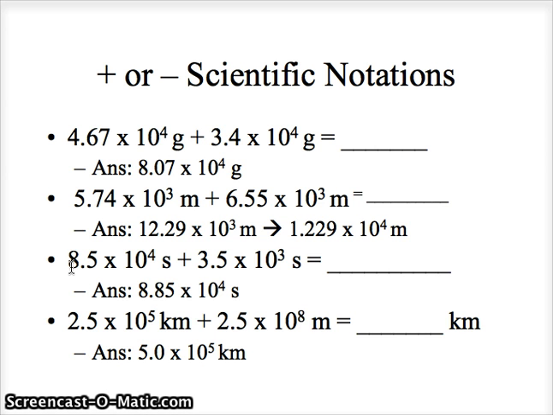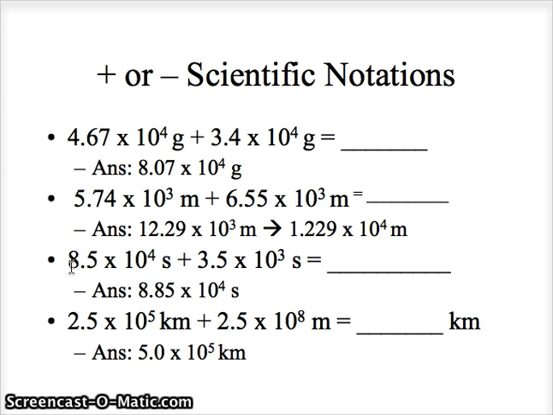So it becomes 0.35 times 10 to the fourth seconds. Now we can add the base numbers, 8.5 plus 0.35, and we get 8.85. Keeping the units the same and the exponents the same, it'll be 8.85 times 10 to the fourth seconds.